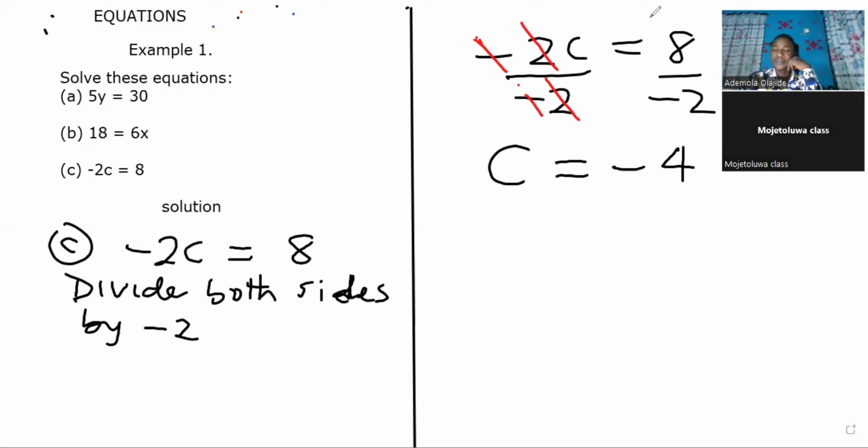Yes. And negative times positive equals negative. So the same thing: since positive times negative is negative, positive divided by -2 will be negative, right? Yes. So positive divided by this negative is negative according to the law. So 8 divided by 2 will give us 4, so the answer will be -4. Perfect.